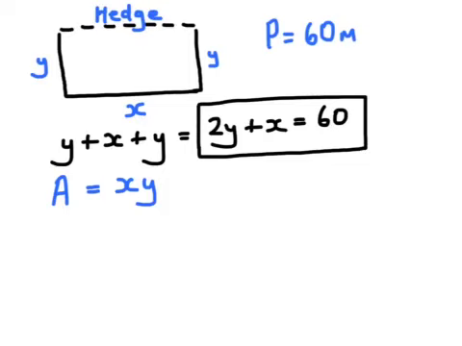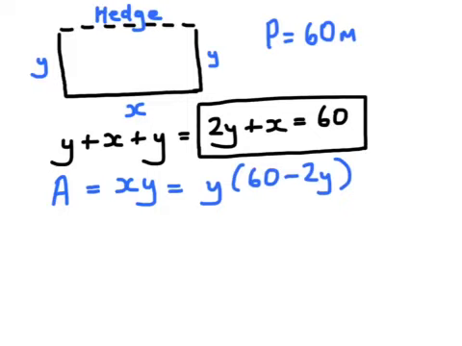So what do I get? I'm going to get that it's x times y. Now I can see from the expression above that x is equal to 60 minus 2y if I take that 2y across to the other side of the equal. So the area is the same as y times 60 minus 2y.